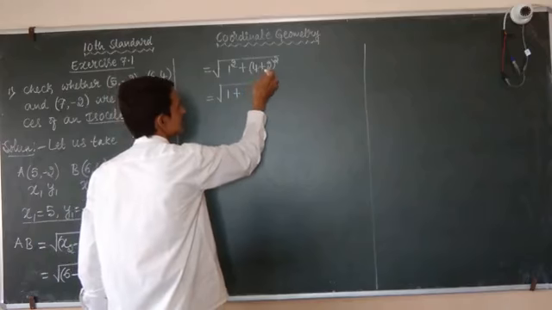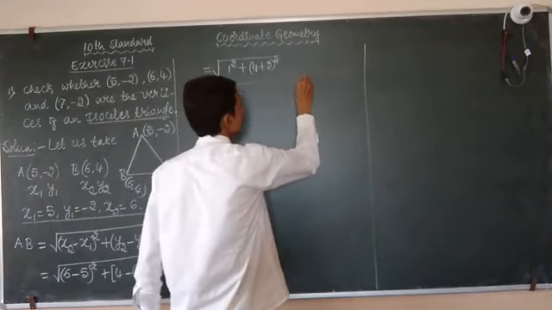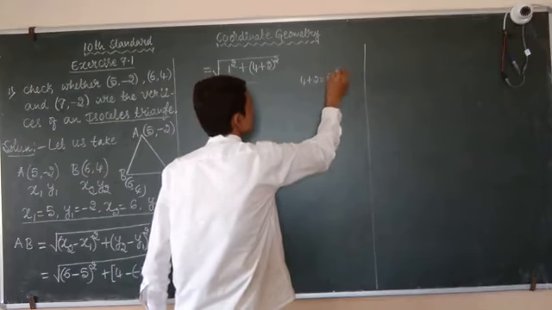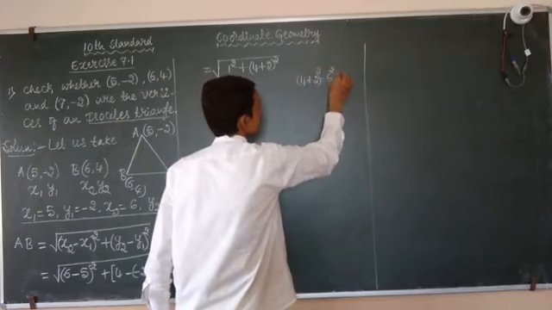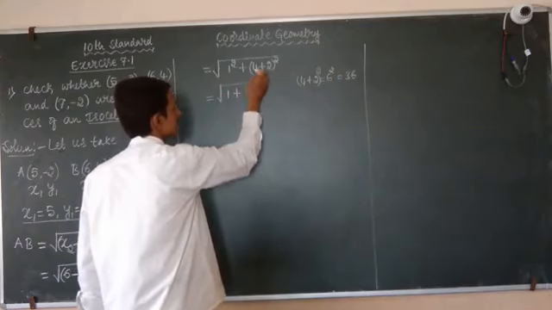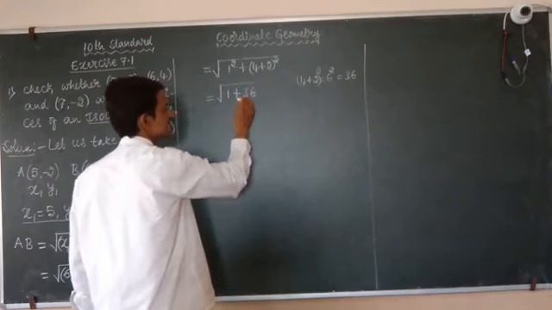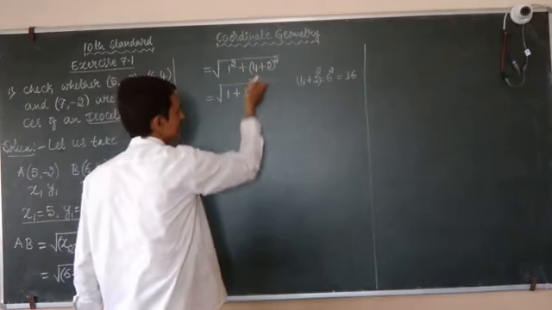If you add these two, 4 plus 2 it is 6. So 6 square. 4 plus 2 whole square equals 6 square. It is 36. So therefore 1 plus 36. I will write it directly. 4 plus 2 is 6, 6 square is 36.